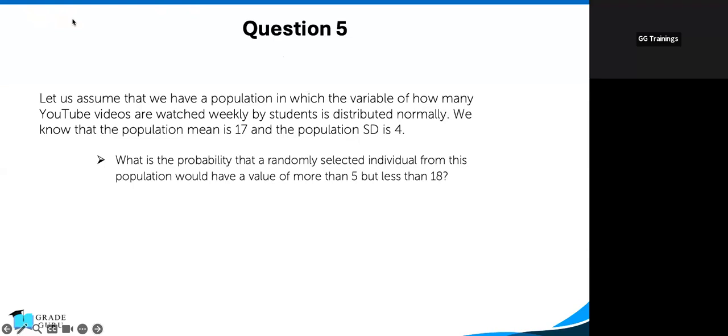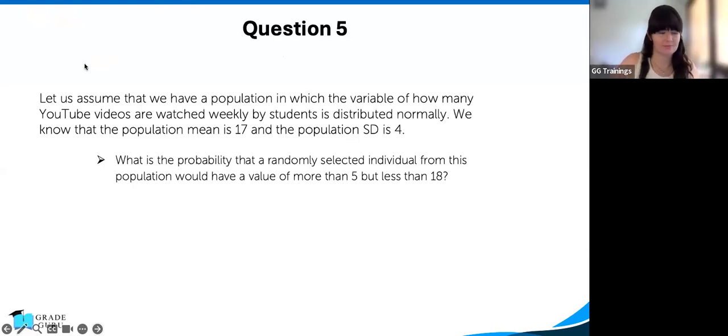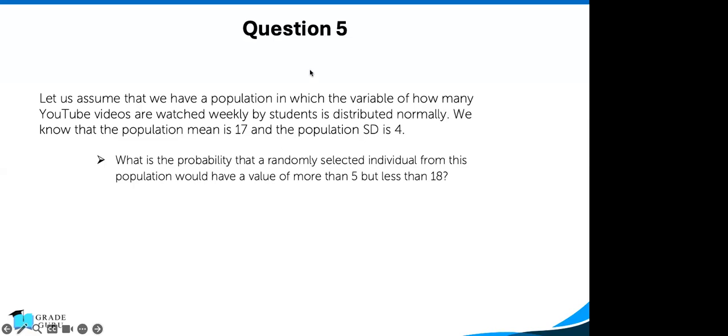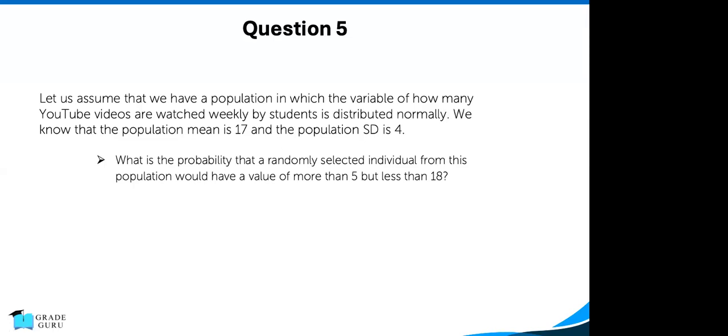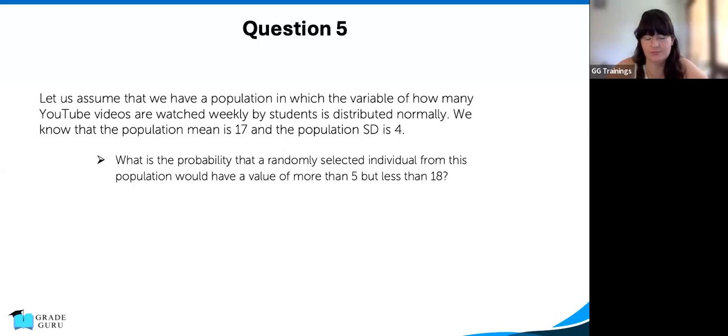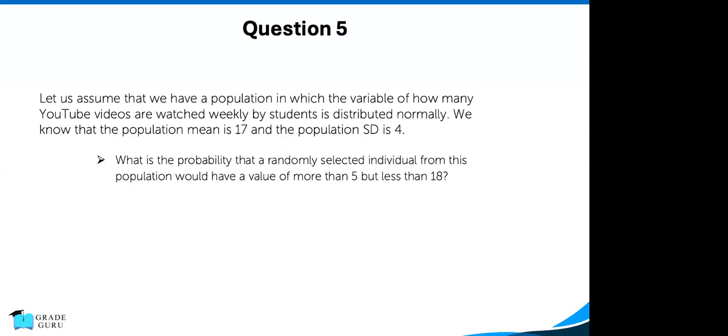Okay, I see some people are stuck. Yeah, I'm a little bit stuck. I thought it's about the Z transformation, with this formula, and then looking up the calculated values in the Z table.